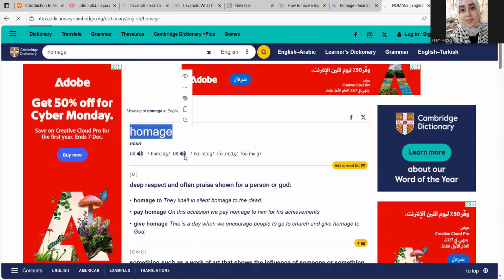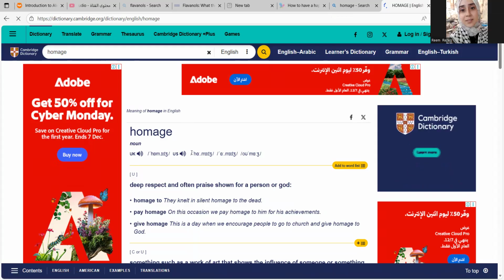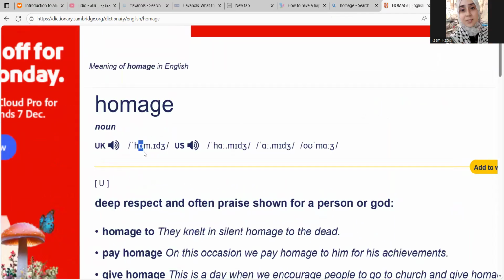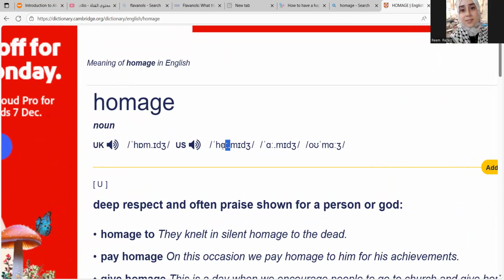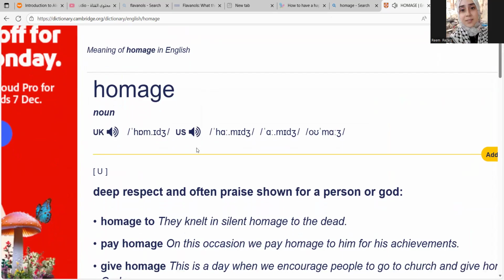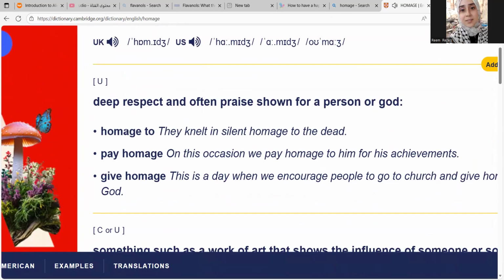I just want you to notice that we have US and UK, for example in the Cambridge Dictionary, and this homage, well, this is British, pronounced like oh, like this, while this one is different.